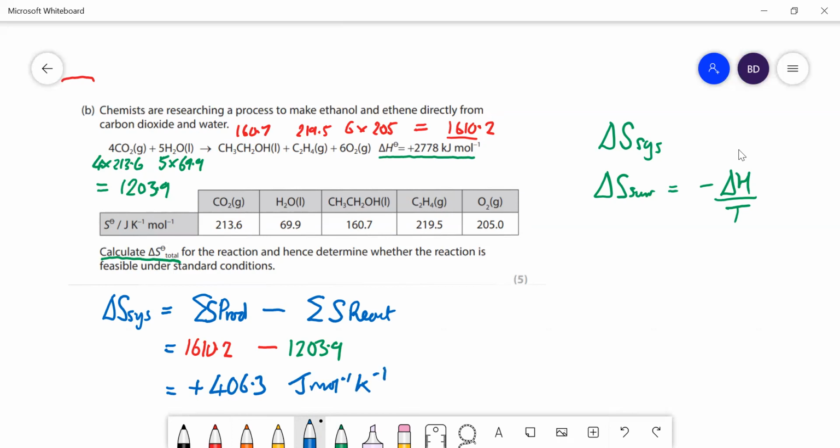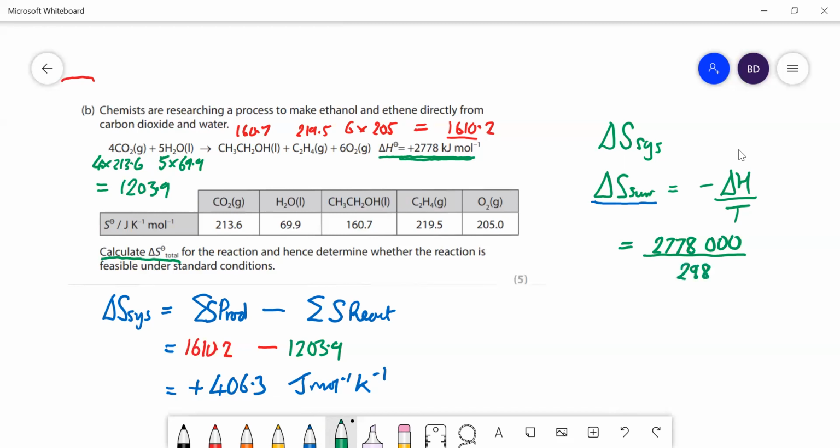Now we're going to work out delta S of the surroundings. Because this is in joules here, we need to convert our delta H from kilojoules into joules. So that's going to be equal to 2, then times 1,000 and divided by, under standard conditions it says, 298 Kelvin.